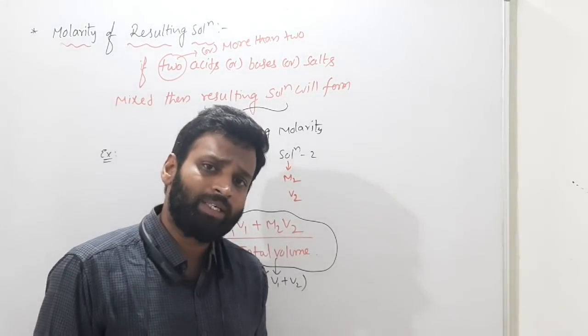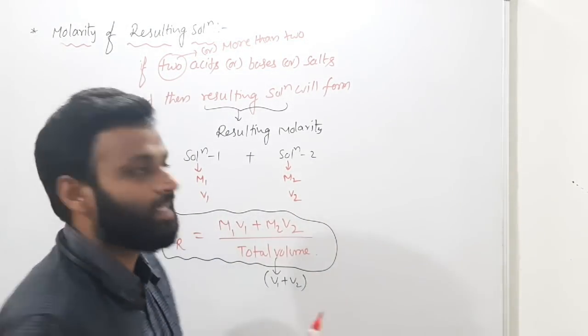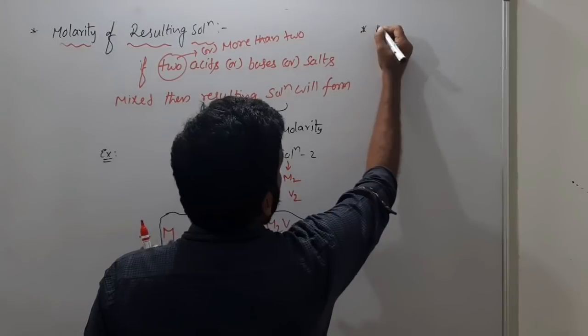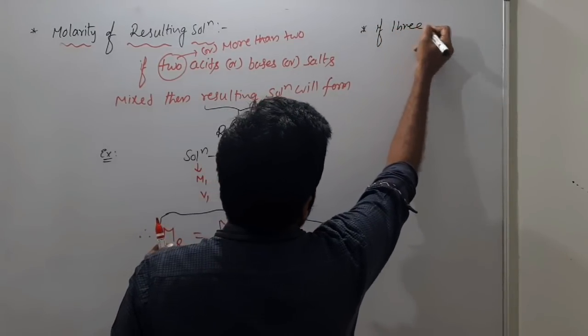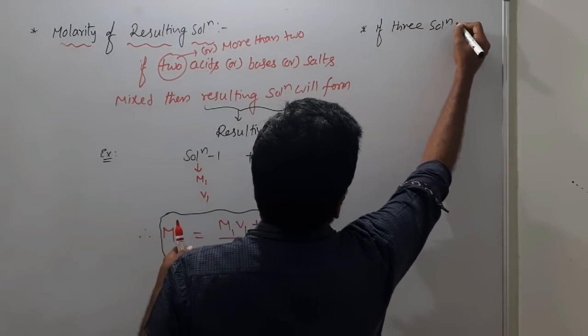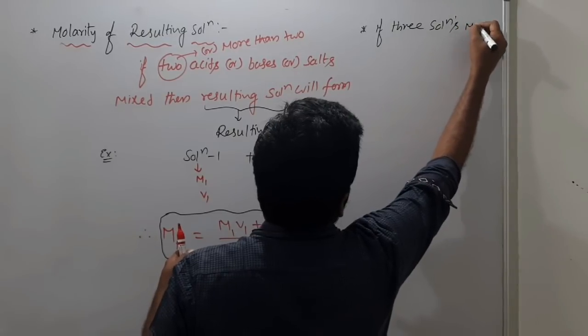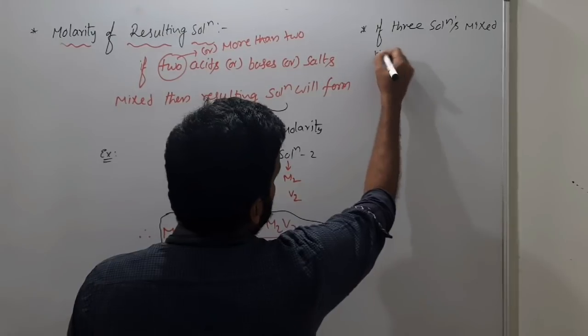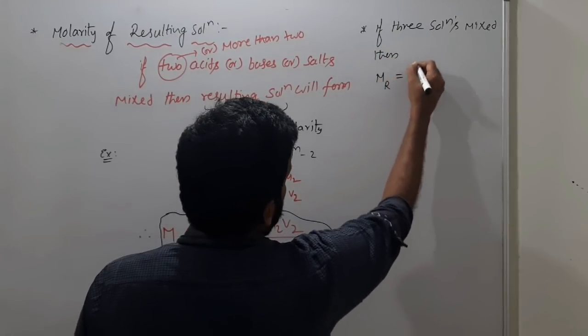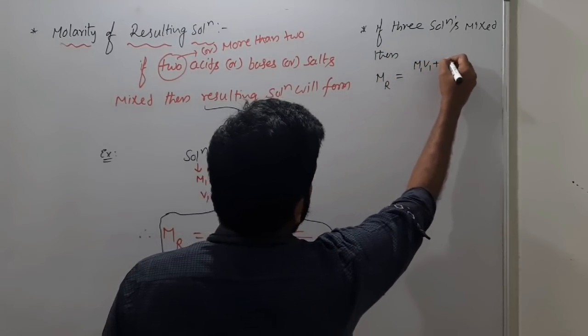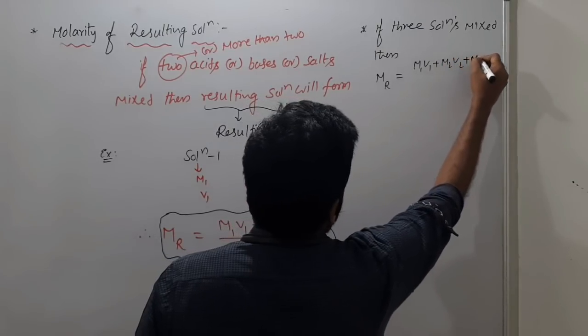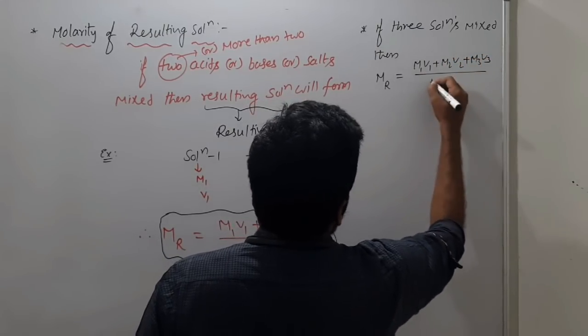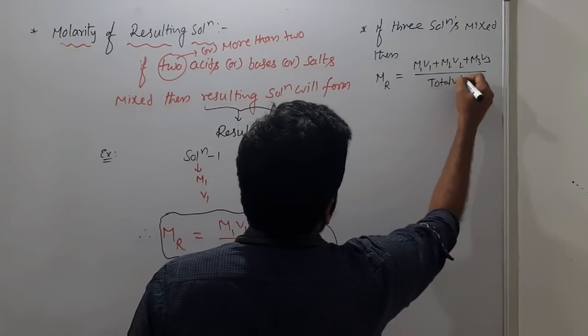If three solutions are mixed, then you have to take three terms. The resulting molarity is M1V1 plus M2V2 plus M3V3 by total volume.